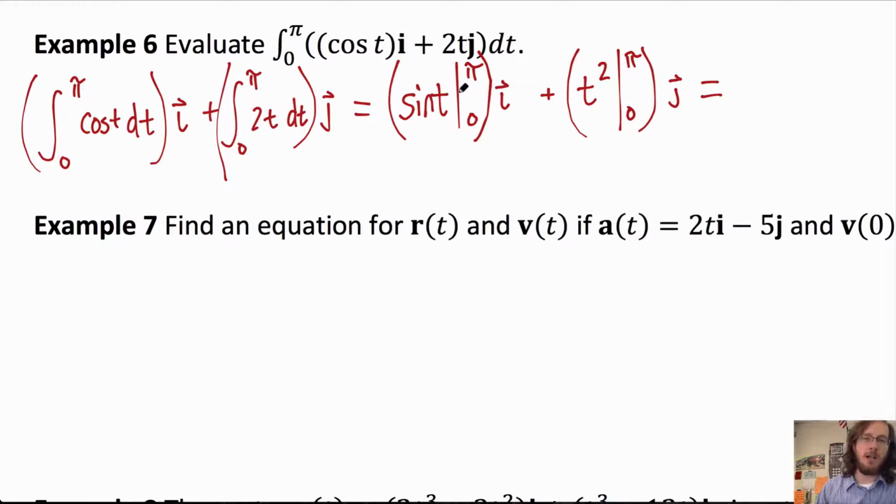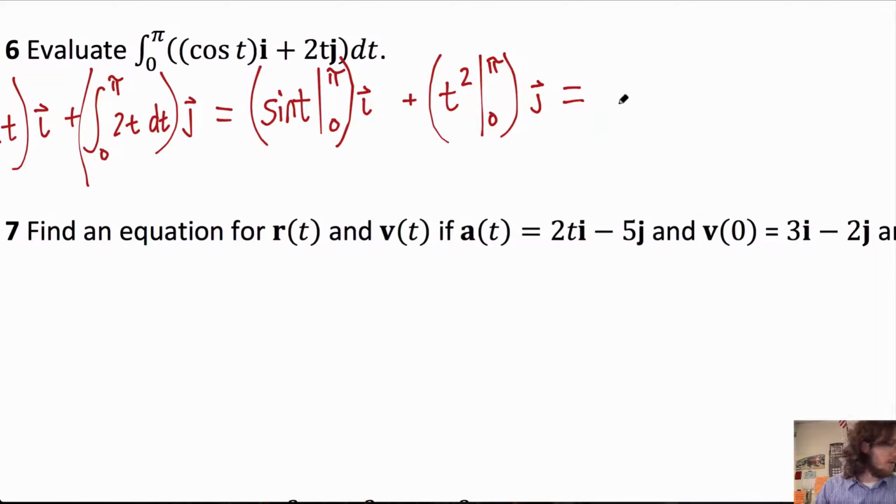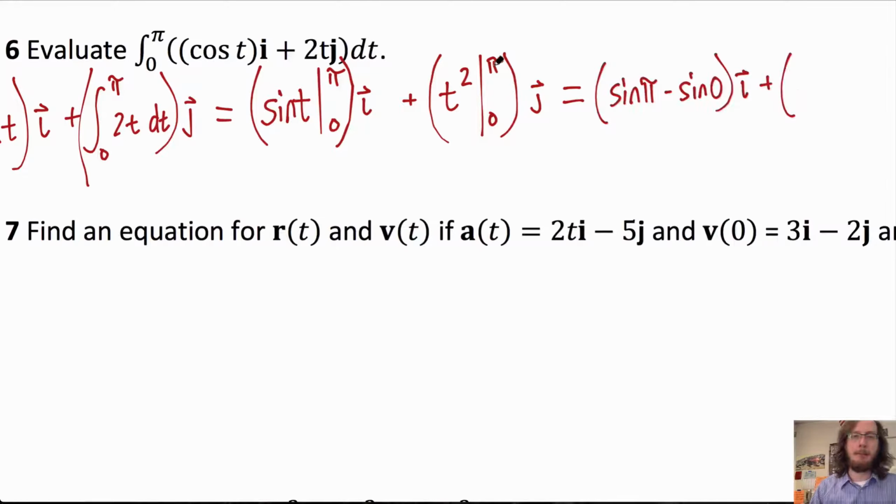Okay, so sine from 0 to pi is going to be sine of pi minus sine of 0. And for our b value, plug in pi, we get pi squared minus 0 squared for our j vector.